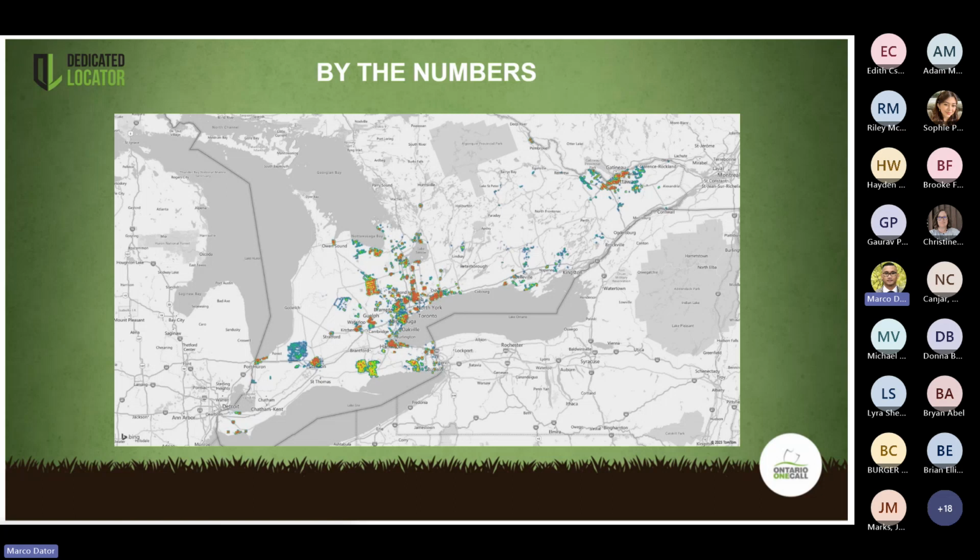So you can see multiple pockets of areas where there is heavy activity of dedicated locator. You see that starting from London, covering to the GTA, and we're seeing a little more out west, in the east side for Ottawa, and more centered into the York region as well.